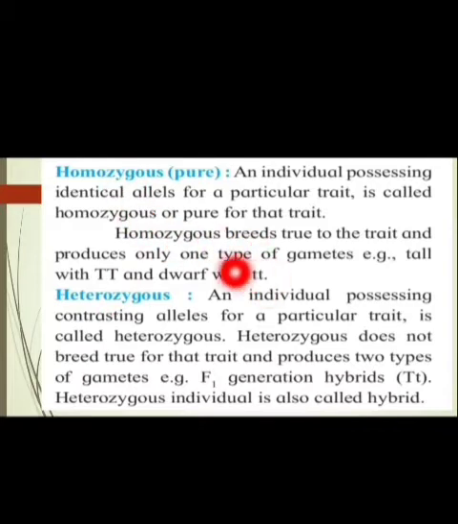Or small t, these are the homozygous. But here, in F1 generation, when the hybrids are formed, this hybrid is with capital T and small t, means here these are not same. So this condition is called as the heterozygous. Homo means similar, hetero means dissimilar, right?